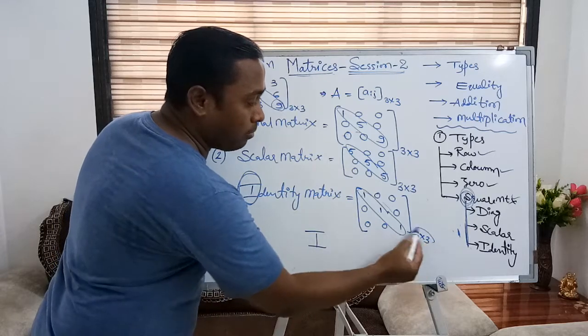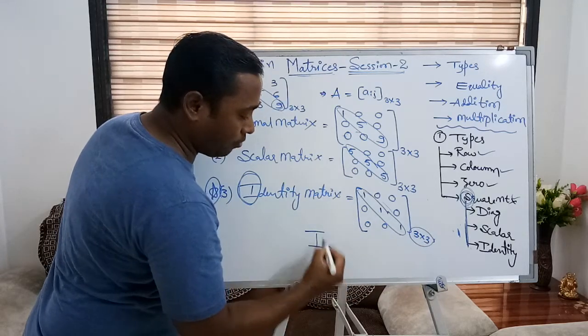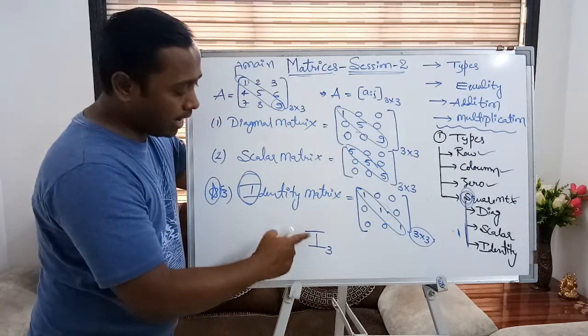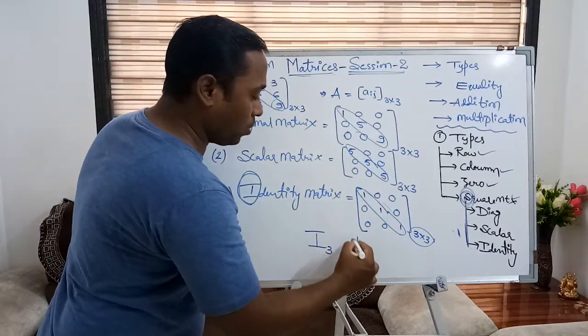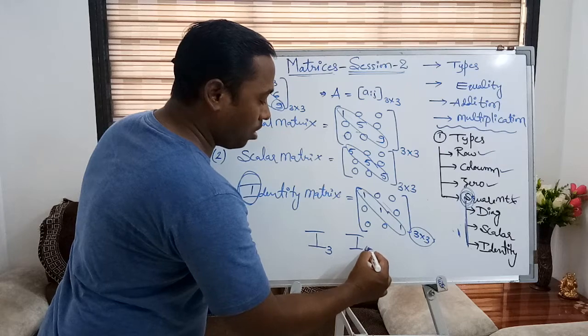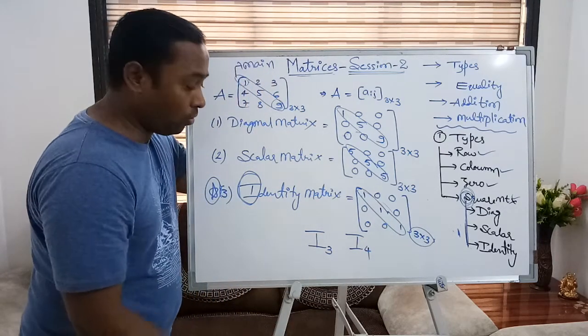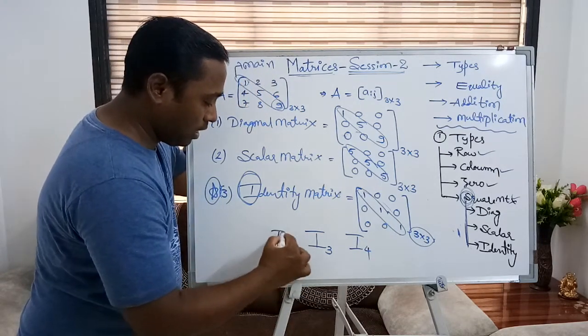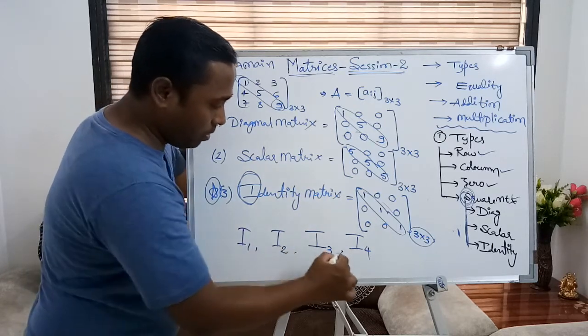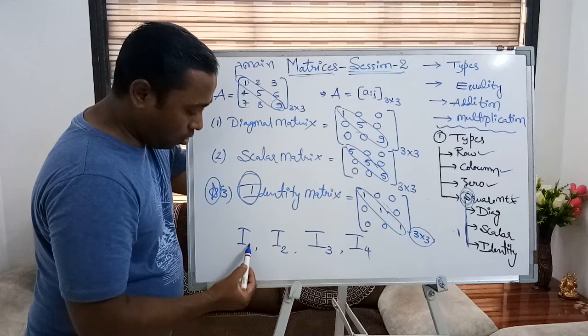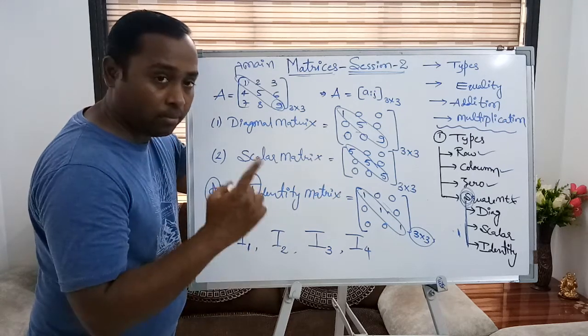If the order is 3 by 3, we write I3. I3 means identity matrix of order 3. Similarly, identity matrix of order 4 is written as I4, and likewise I2, I1. Identity matrix of order 1 has only one element.